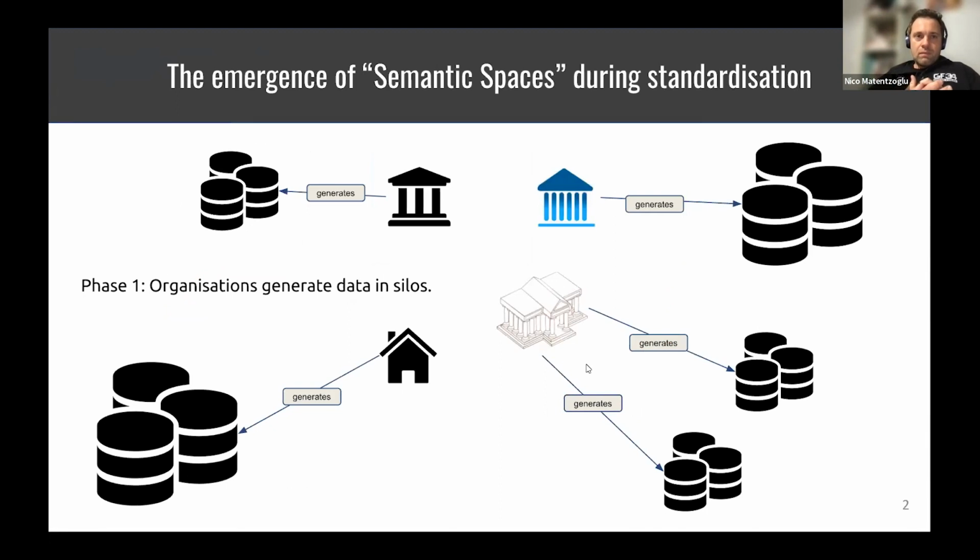All right, so basically, just to establish a context, let's think about a scenario where we have a bunch of organizations that generate data in some way. So here, this is just like 4 kinds of organizations that have their own internal databases, their own internal data models, and whatnot.